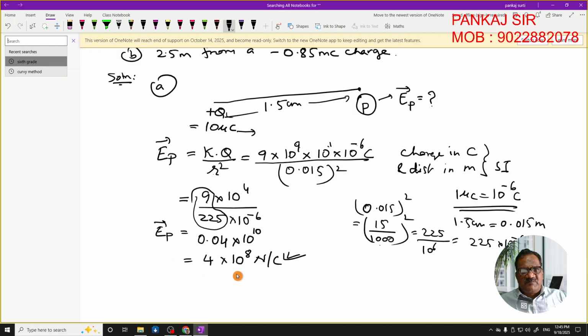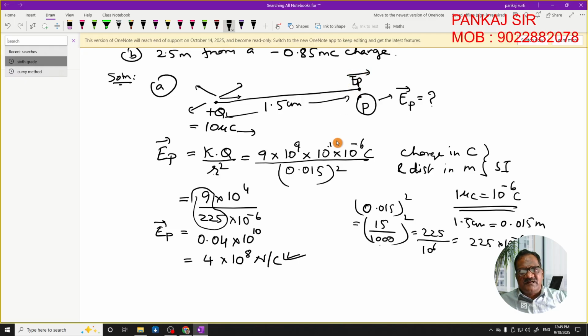Now what will the direction be? See, this is a positive charge. From a positive charge, the electric field always goes radially outwards. So at this point, the electric field will have this direction.